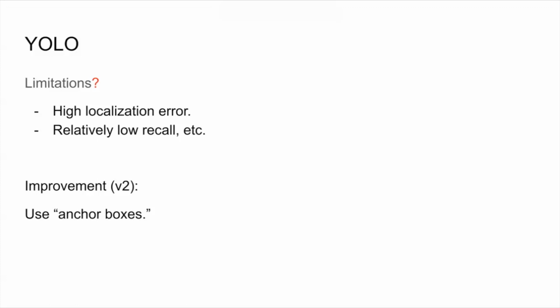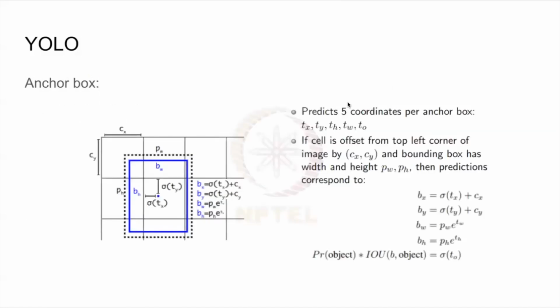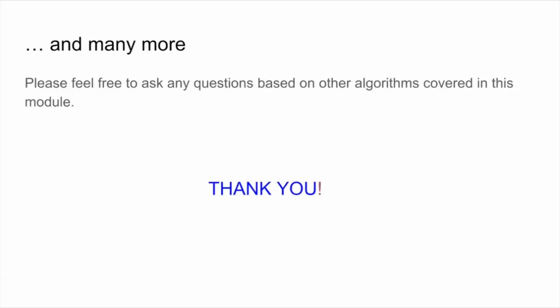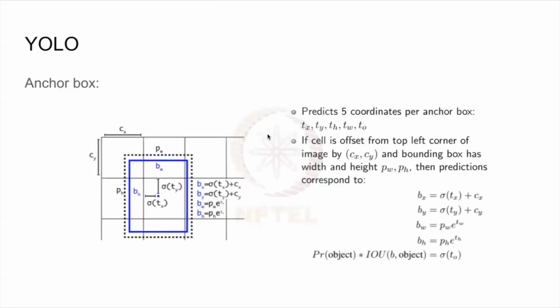So the improvement that came, it's still named YOLO, but it's named YOLO V2. So instead of predicting the regions, it predicted the anchor box. I'm not very sure about this, but if you'd like to learn more, I can discuss it later.